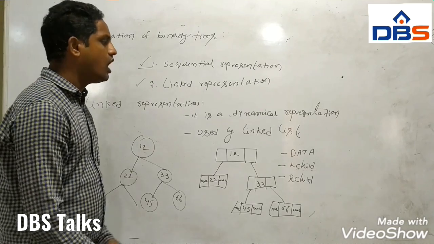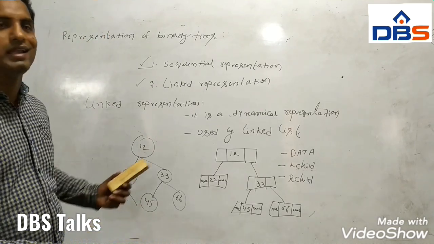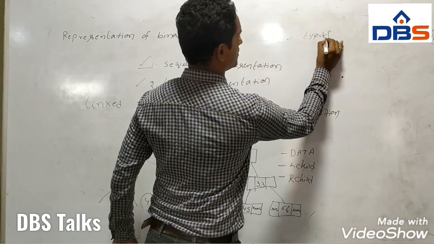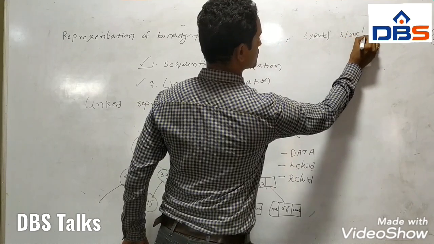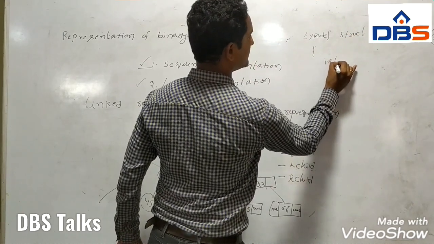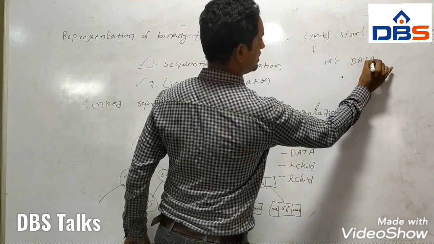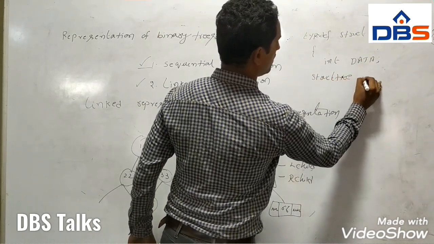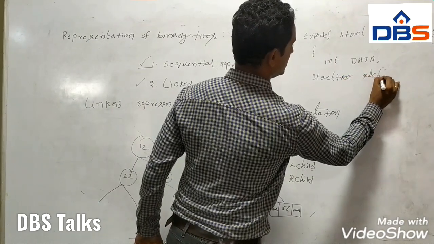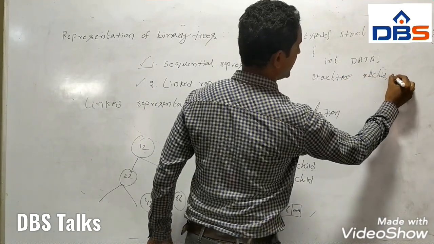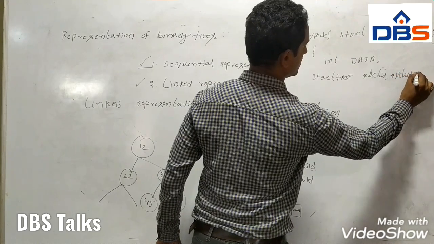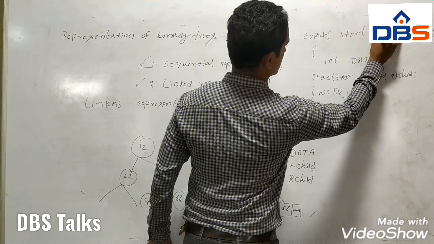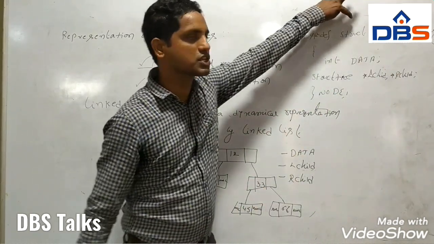Now how do we create a particular node in a linked list? See, the structure of a node: int data, then struct tree pointer left child and right child.